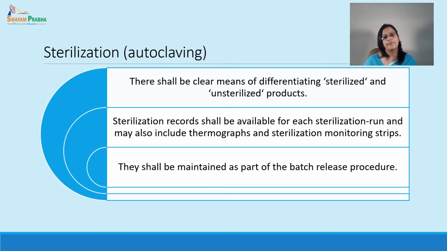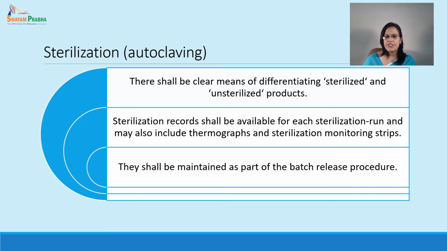And two more important points here. There shall be a clear means of differentiating sterilized and unsterilized product. Okay, it is an absolute criterion, we can say: it is either sterilized or not sterilized, there is nothing in between.